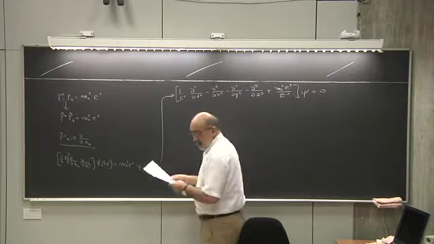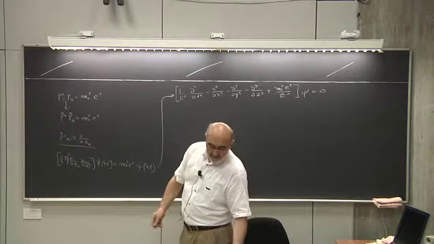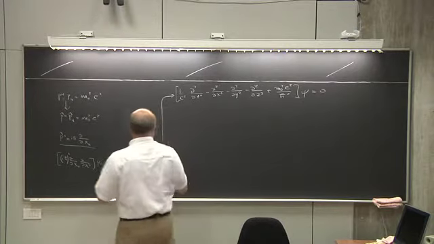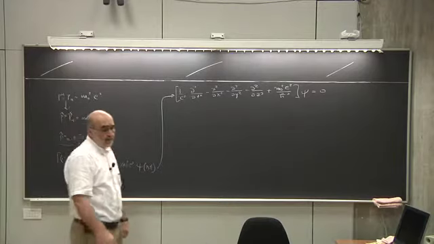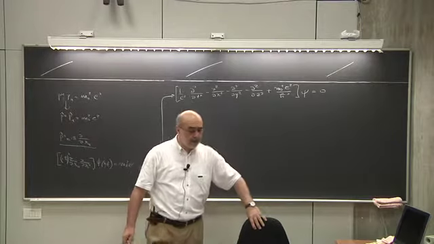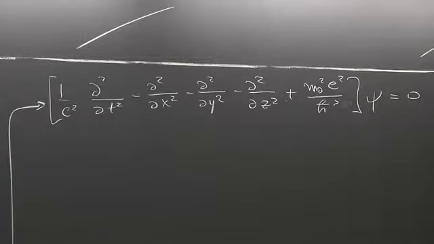Okay. People can often ask, where do you derive that equation? This is not really a derivation. We postulate that equation like we postulate the Schrödinger equation. Also, the Schrödinger equation is not derived.